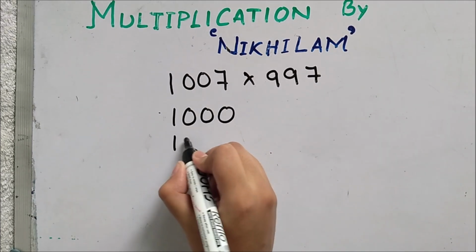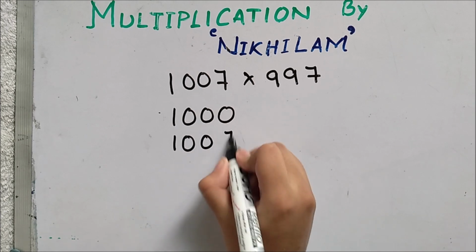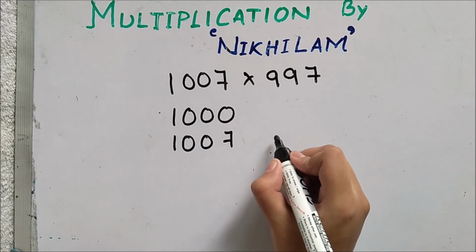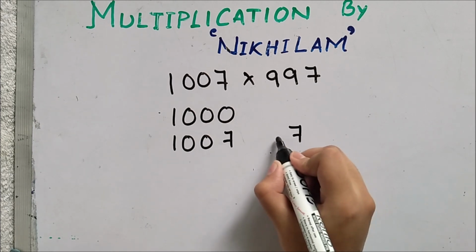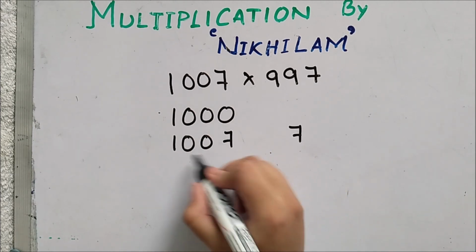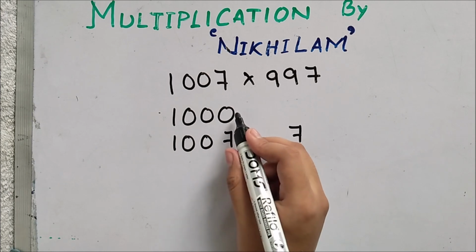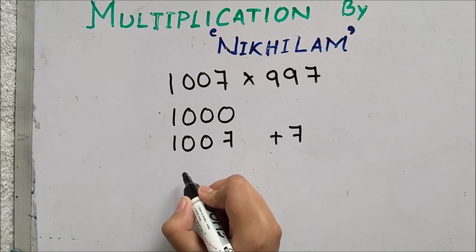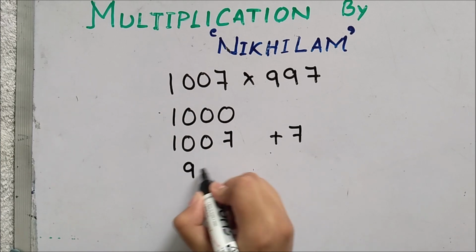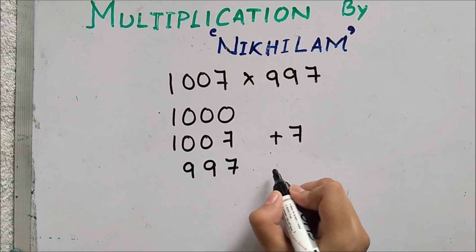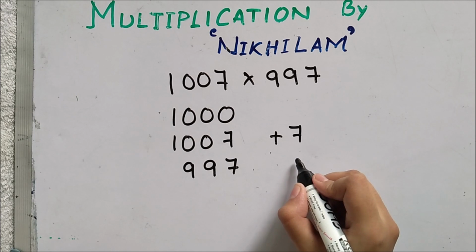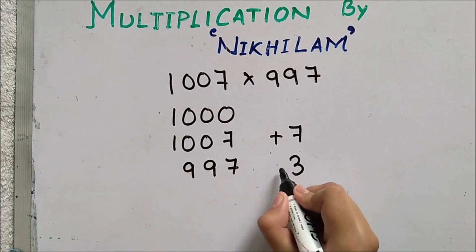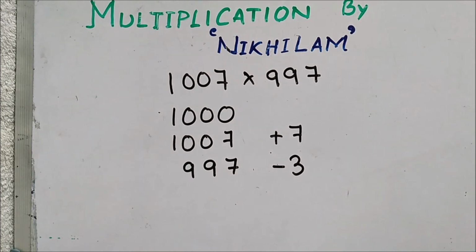We will subtract 1000 from 1007, that is 7. Since 1007 was greater than 1000, hence it will be positive, and we will subtract 997 from 1000, that is 3. Since it is lesser than 1000, it will be minus 3.